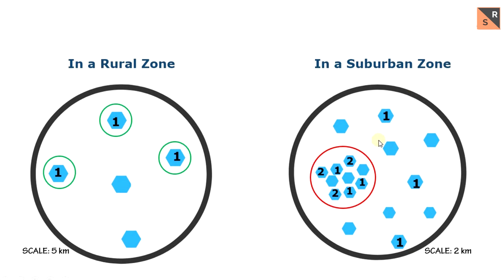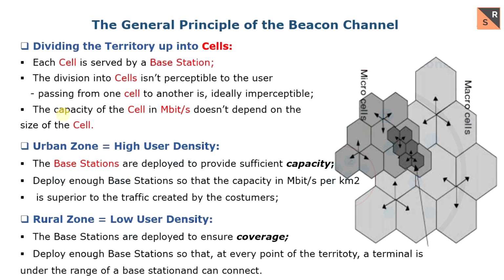We have the city. The scale is 2 kilometers. This image on the right. Base stations are densely arranged, and when we have the number 2, that means there are 2 base stations not too far away. But what does that mean after all?